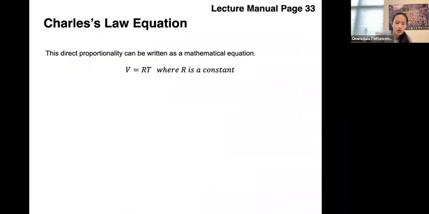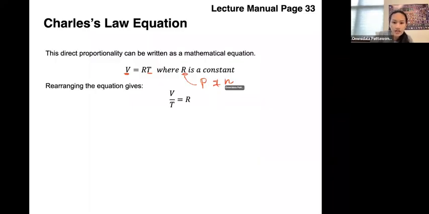All right, so if we express this in a mathematical equation, volume and temperature are directly proportional to each other through a constant. As we mentioned, the constants we are looking at are pressure and number of moles of gas, right?